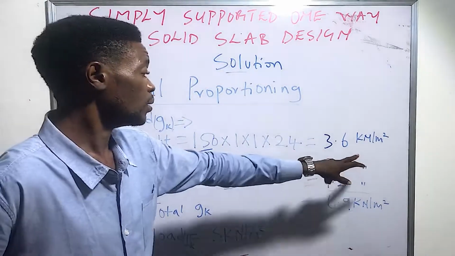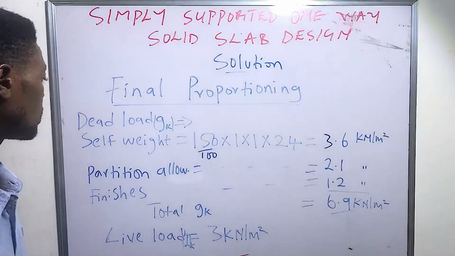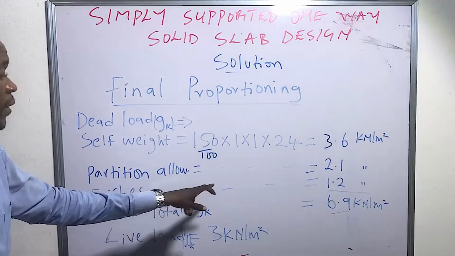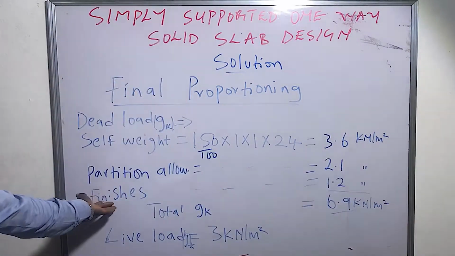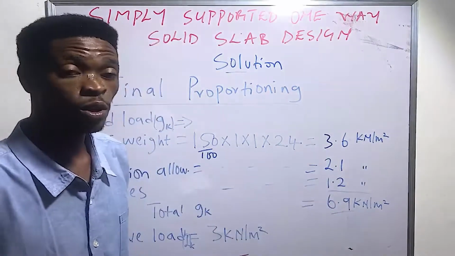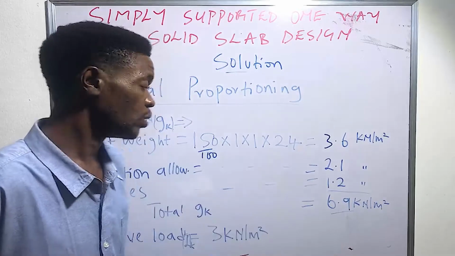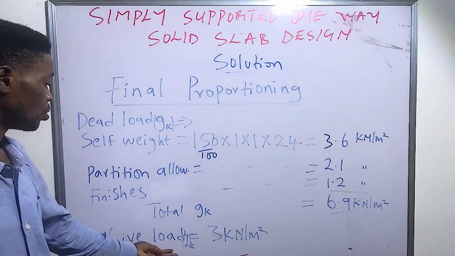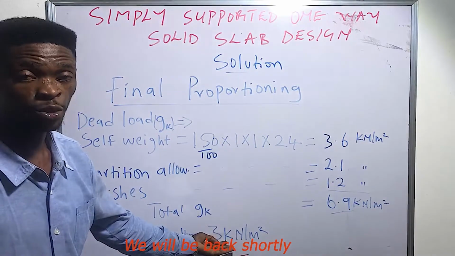That gives us 3.6 kilonewton per meter square as our self-weight. Then our partition allowance 2.1 kilonewton per meter square, and finishes 1.2. So our total dead load becomes 6.9 kilonewton per meter square. Then our live load, 3 kilonewton per meter square.